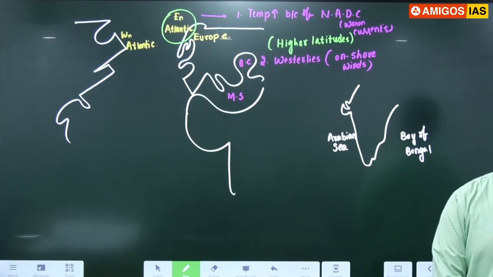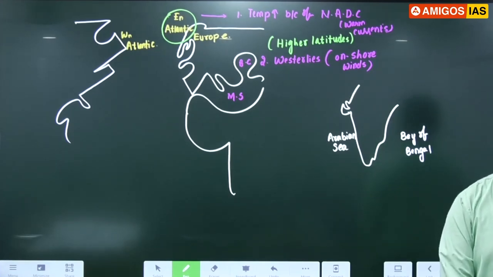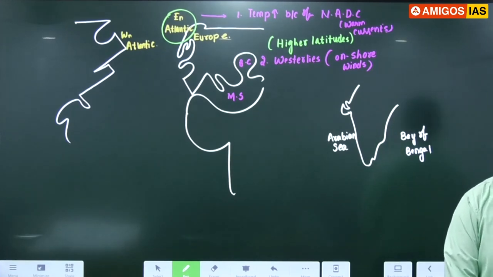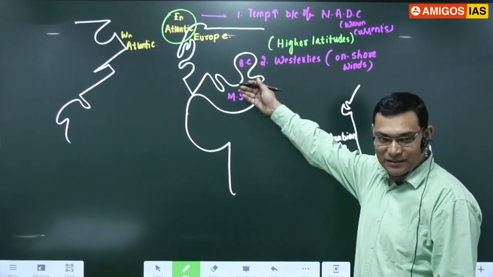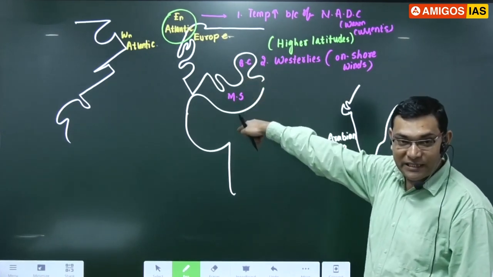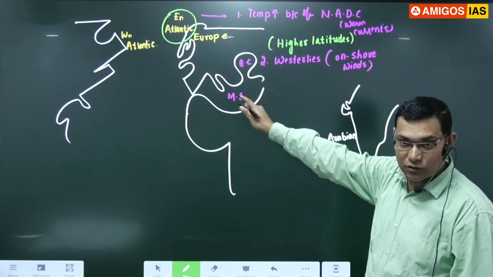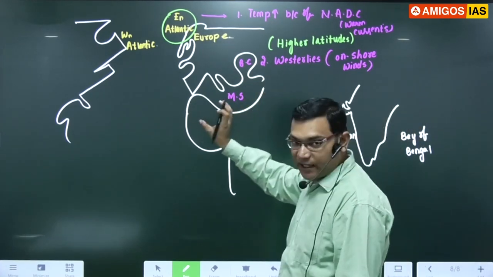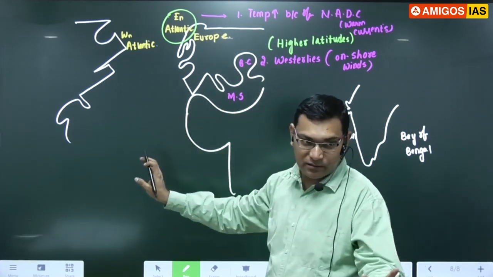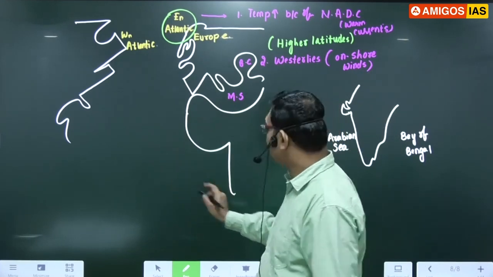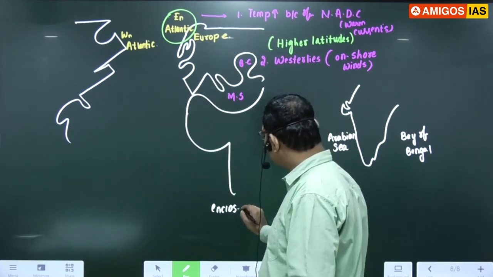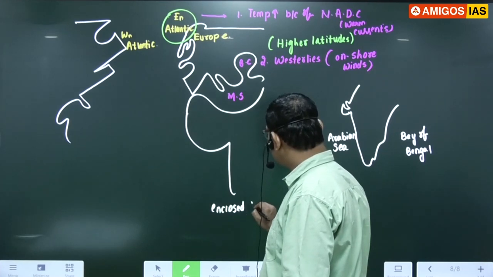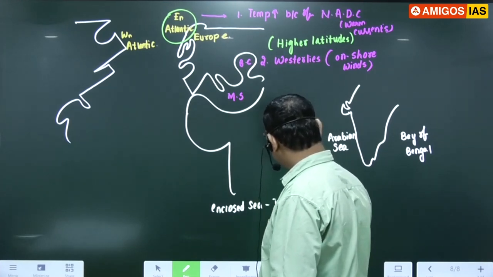More saline. I don't know. Why? So that is the same condition here also. But here the Mediterranean Sea has more salinity. See here, if I consider enclosed and open, an enclosed sea should record more temperature.